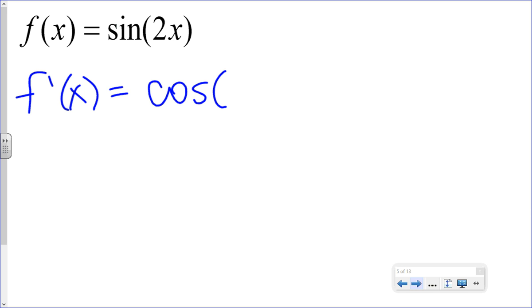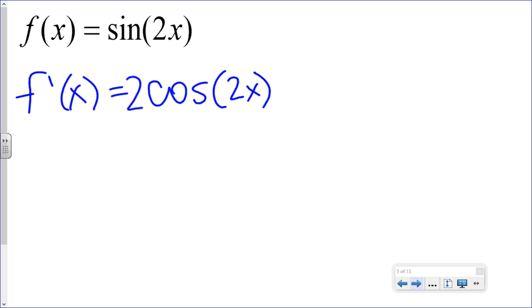So we have the cosine of 2x, and then what will we have to multiply by? 2, because that's the derivative of the inside. When we have those trig functions with something inside, it's pretty easy to see the composition at work, right? The sine of 2x, okay? Sine is the outside function, 2x is inside, okay?